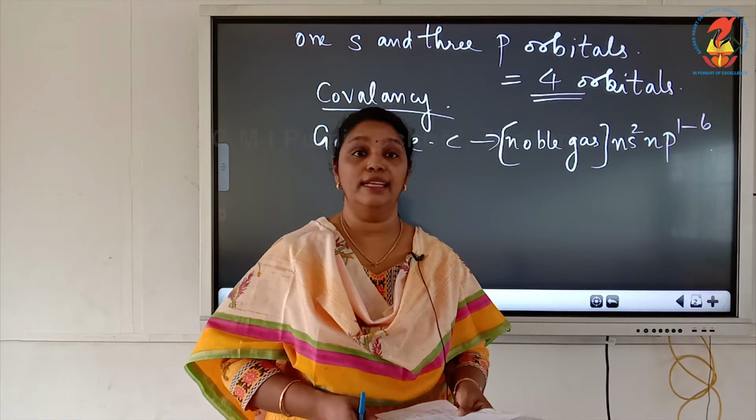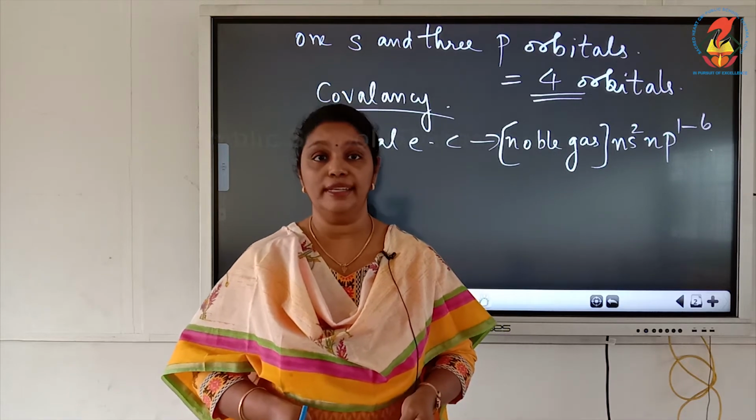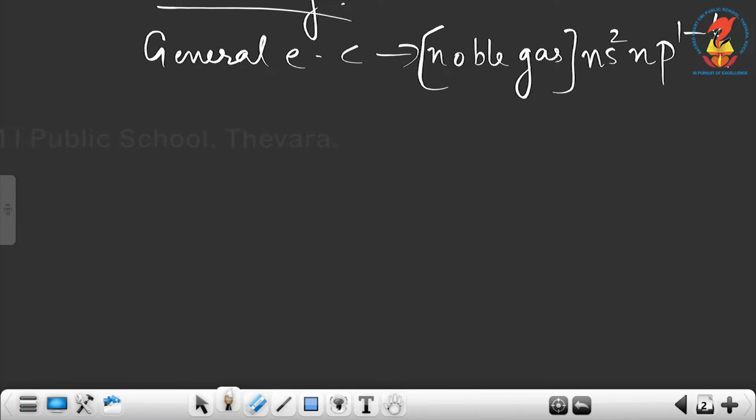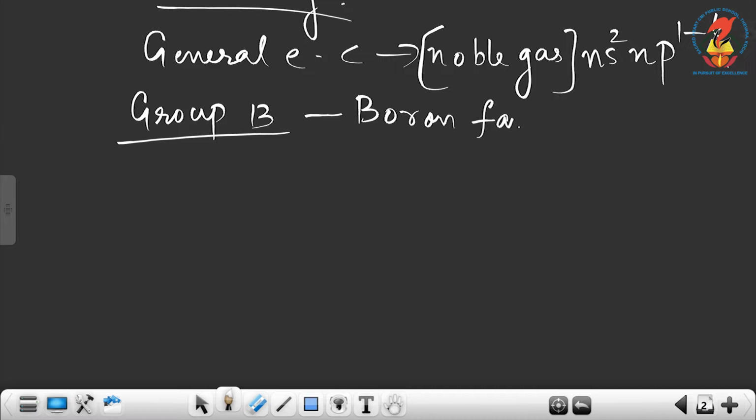Now let us study in detail about group 13 elements first. The elements of group 13 are also called the boron family. Boron is the first element in group 13.